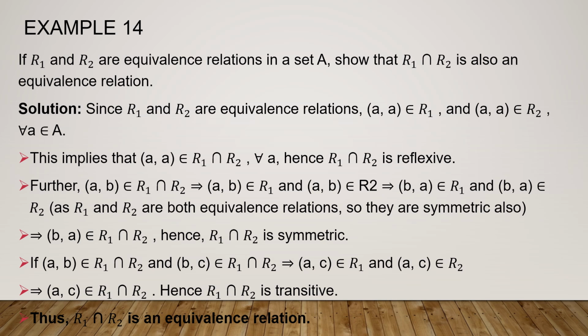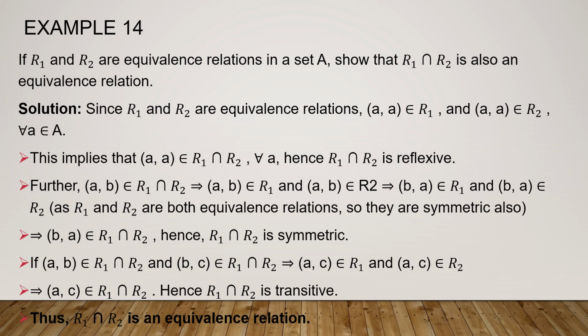Now for symmetric. Suppose (a, b) belongs to R1 intersection R2, means the ordered pair (a, b) belongs to R1 and it also belongs to R2. Now since R1 and R2 are individually equivalence relations, they are symmetric. So if (a, b) belongs to R1, (b, a) will also belong to R1 because R1 is symmetric. (a, b) belongs to R2, so (b, a) will belong to R2 because it is symmetric.